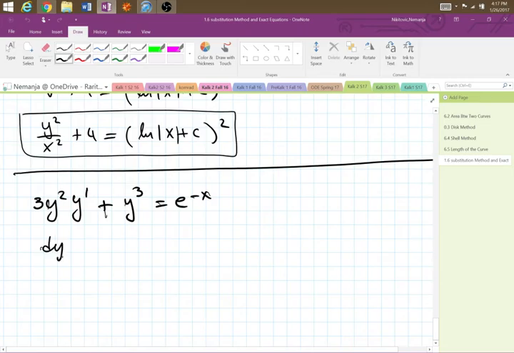So dy/dx plus y over 3 is equal to e to the minus x over 3y squared. Tears or no tears?